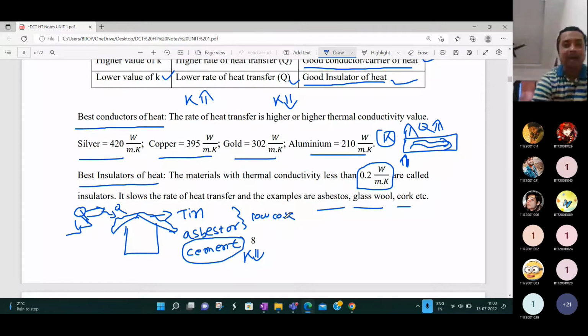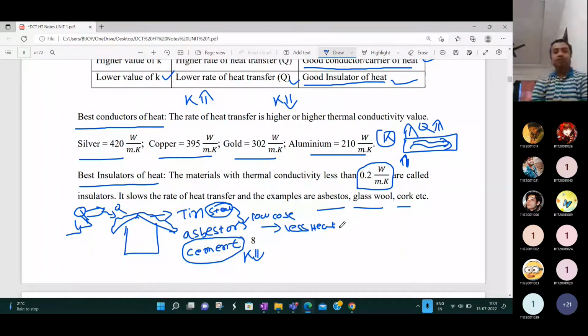Strength-wise, tin or steel is stronger. But heat-wise, between tin and asbestos, the asbestos will give less heat transfer.